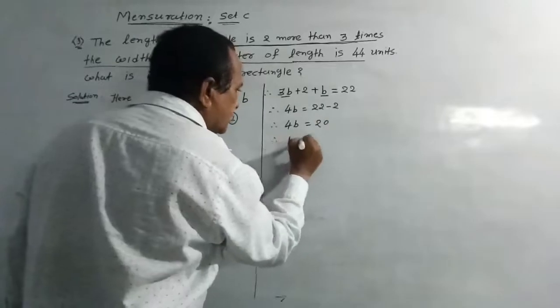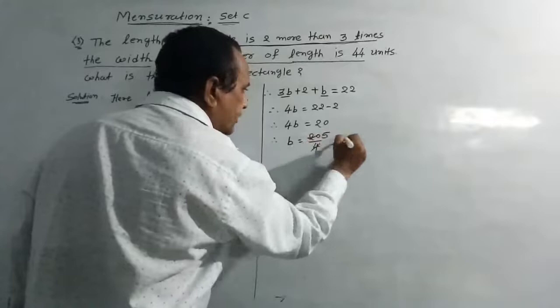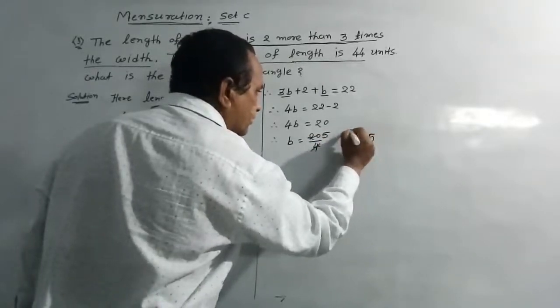So B is equal to 20 by 4. 4 5s are 20. So B is equal to 5 units.